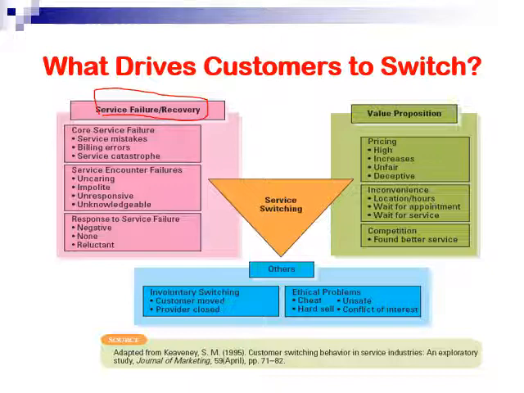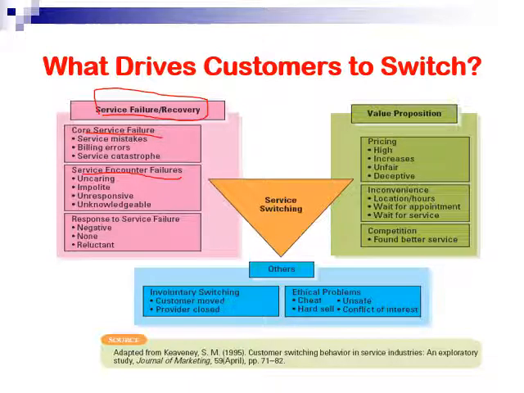Service failure happened. Core service failure happened. That means the service provider failed to deliver service as promised. Service mistakes or billing errors are typical examples. Also, service encounter failure.